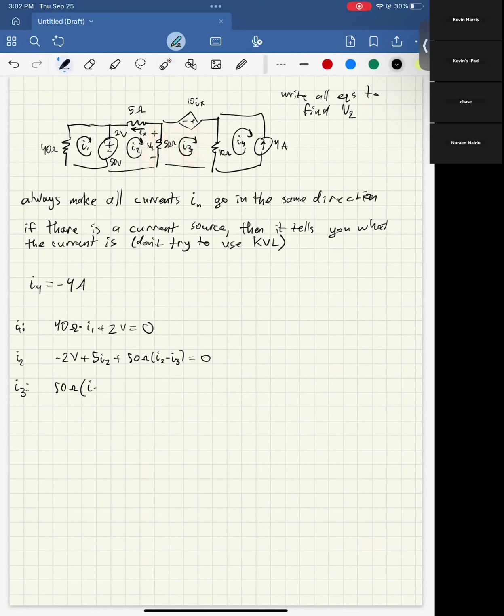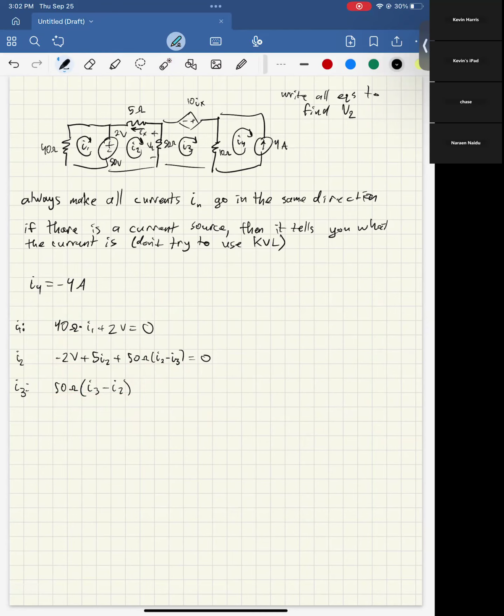So now it's going to be I3 minus I2 as the total current going through this resistor. Again, if you look at each of these terms in this equation, all of these are going to evaluate to a voltage because V equals IR. So always double check that your terms are all evaluating to voltages. So you either have a voltage here or you have a resistance times a current, and that equals a voltage. And as we can see here, we have that.